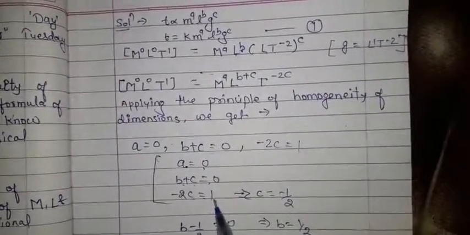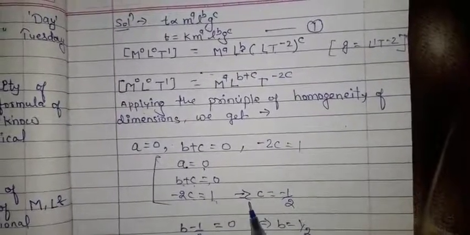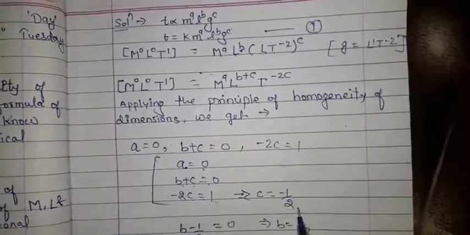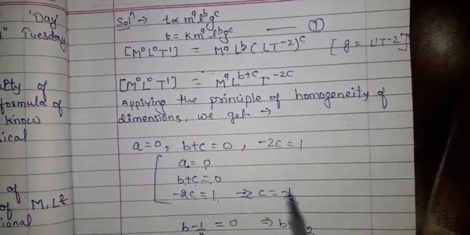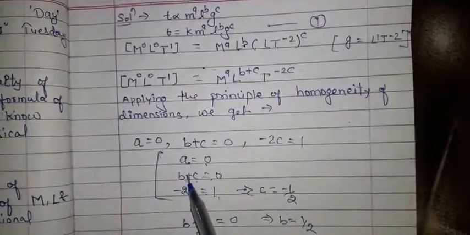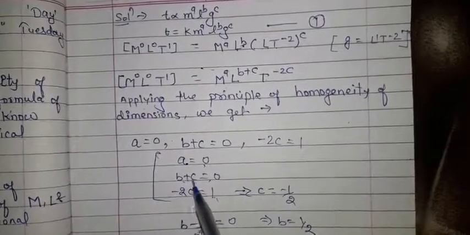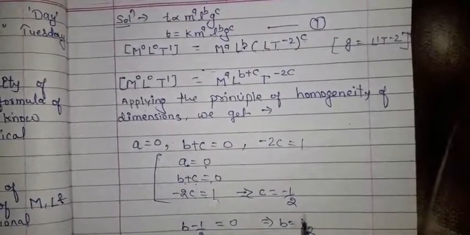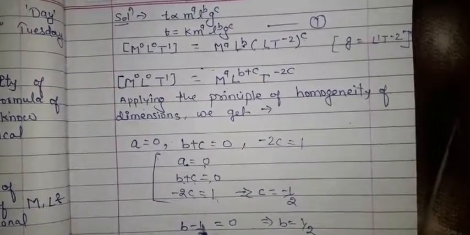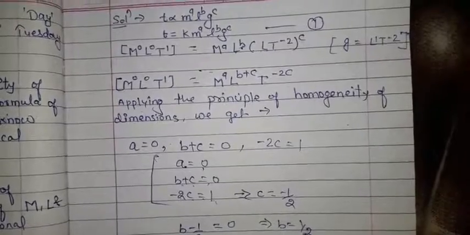So from this equation, c equal to minus 1 by 2. Okay, so put this value minus 1 by 2 in this equation, so we can easily get the value of b. So b and what is c? Minus 1 by 2. So I write here b minus 1 by 2 equal to 0. So b equal to what? 1 by 2.